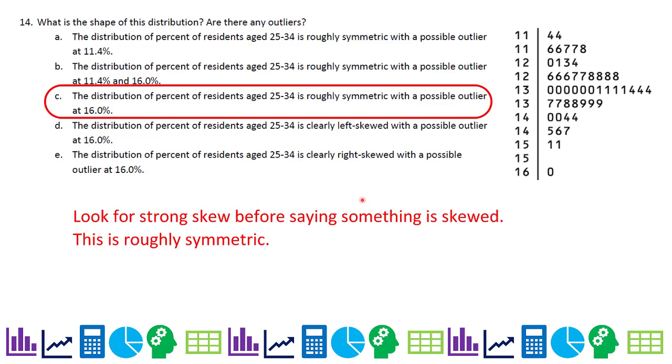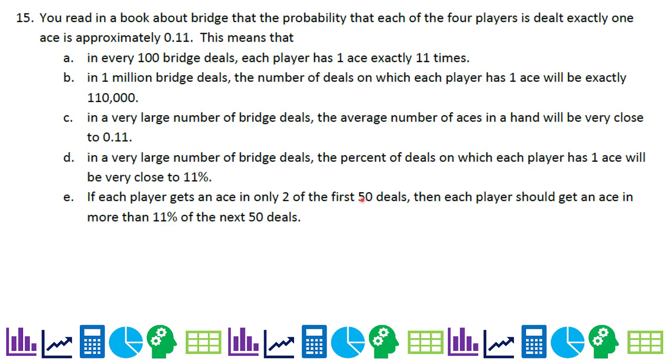Second to last. You read in a book about bridge that the probability that each of the 4 players is dealt exactly 1 ace is approximately 0.11. This means that, first of all, anything that says exactly, ignore. Exactly, bad. Very close, this one looks good.